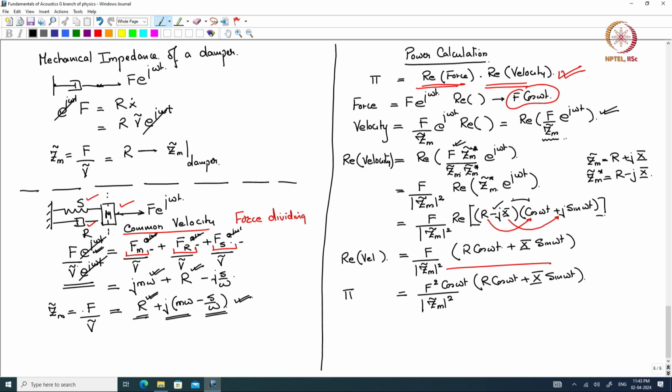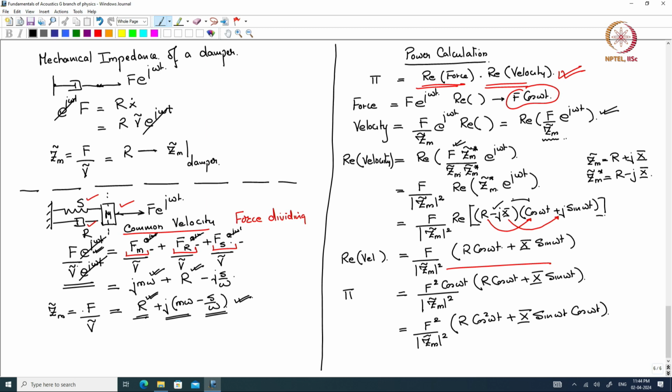Now, let us see what happens. What are the features of this? Let me write it one more time. F squared by |Z mechanical tilde| squared, I take this inside, so R cos squared omega t plus X sin omega t cos omega t.